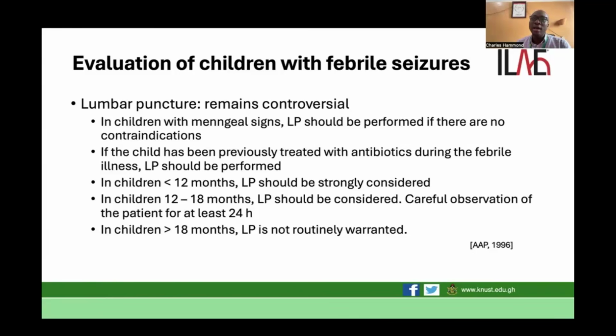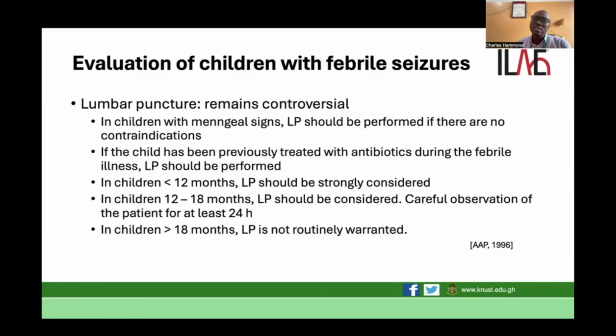Again, the recommendations are that for children less than 12 months presenting with a febrile seizure, the lumbar puncture should be strongly considered. However, for children 12 to 18 months, it should be considered, but they should carefully be observed in hospital for at least 24 hours.